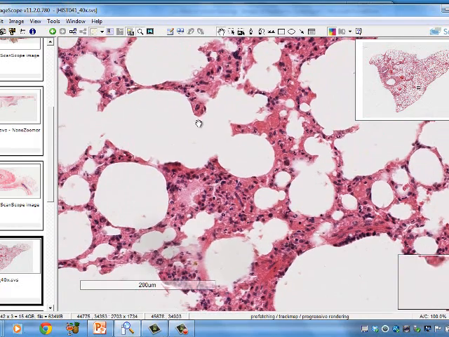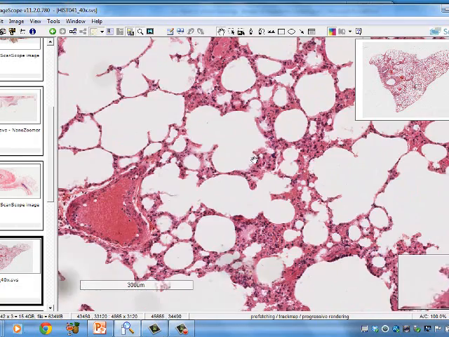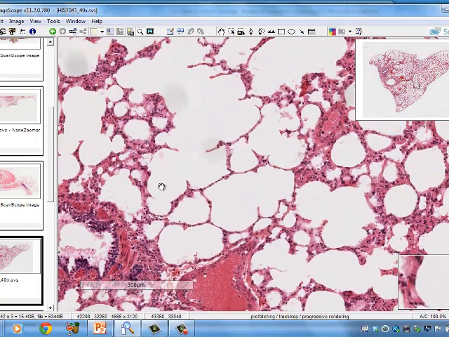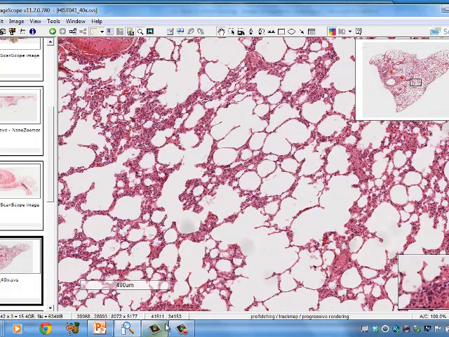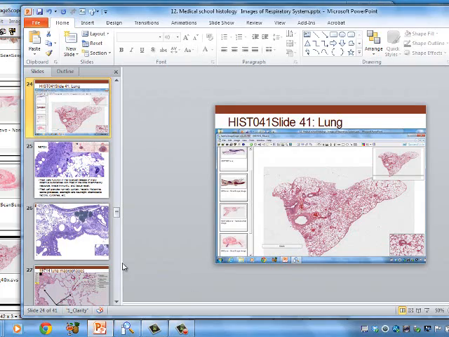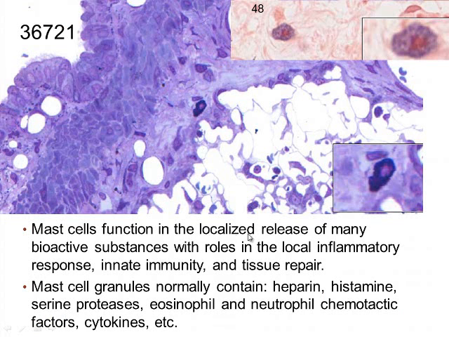So these are alveolar sacs in through there, alveolus that we see in through there, the alveolar duct coming through there as well.